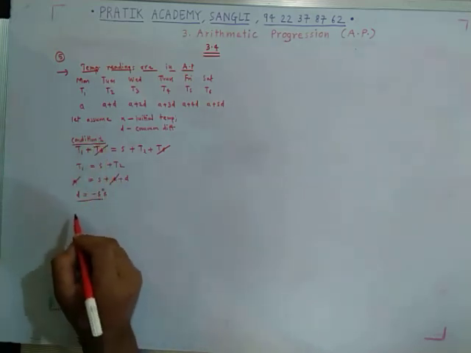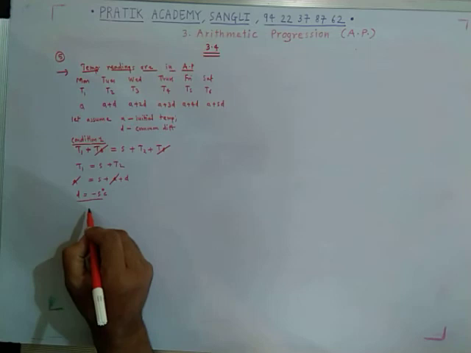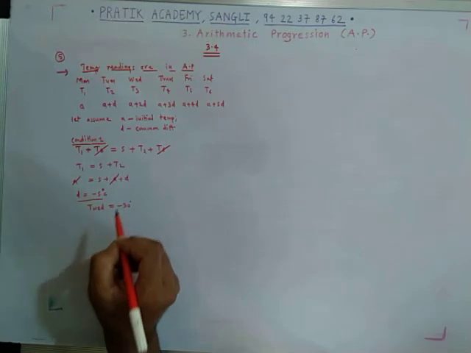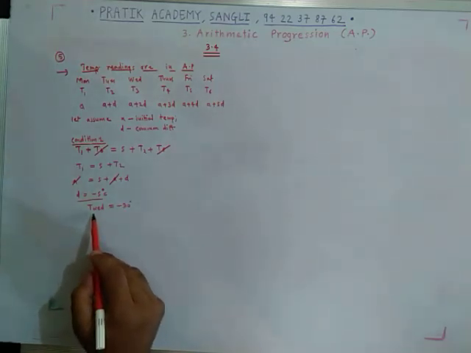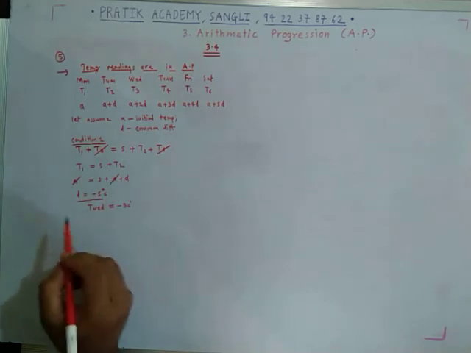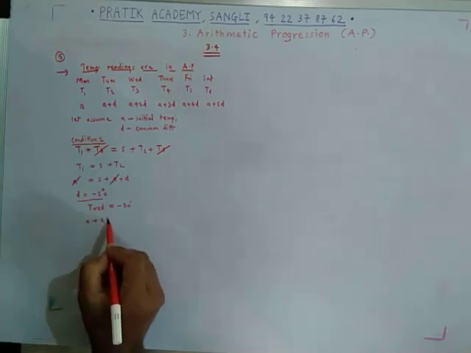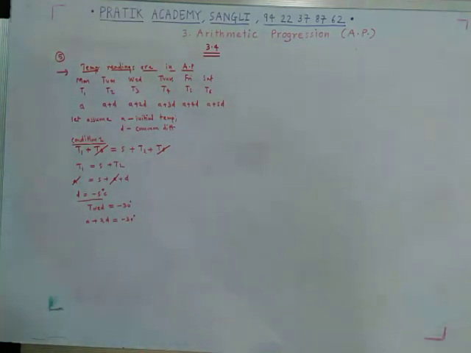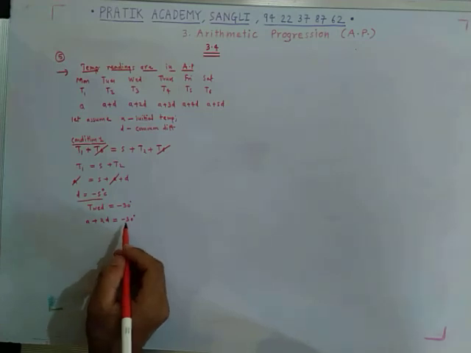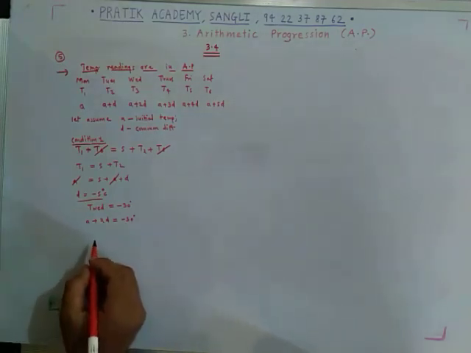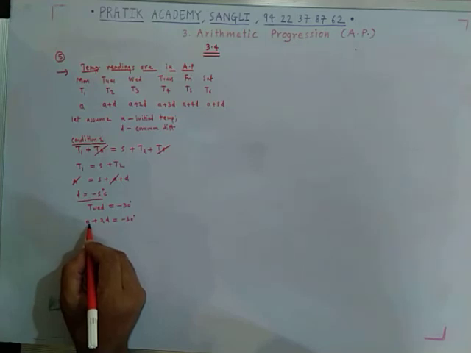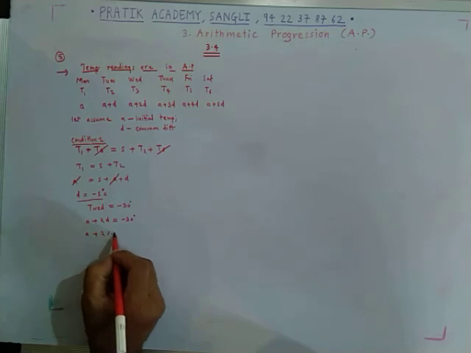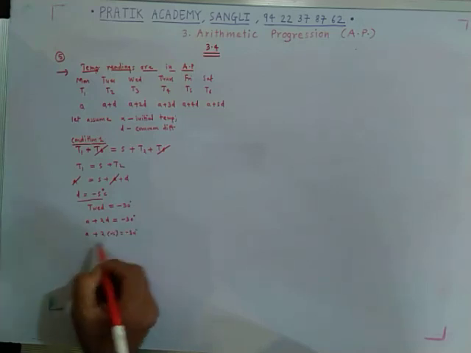What is the other condition given? The temperature on Wednesday is minus 30 degrees Celsius. But the temperature on Wednesday according to the formula is a plus 2d, which is equal to minus 30 degrees Celsius. Putting in values, we don't know a, but 2d, with d as minus 5, gives minus 10. So a minus 10 degrees Celsius is equal to minus 30 degrees Celsius.